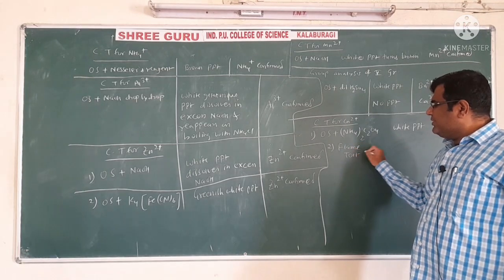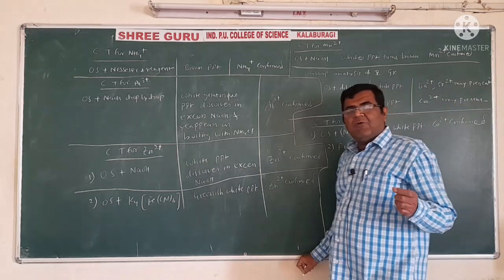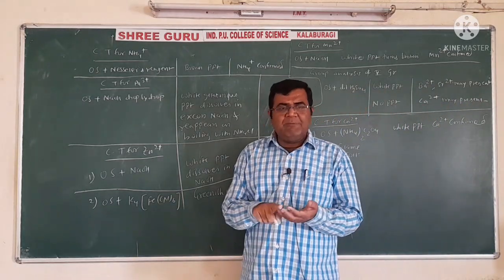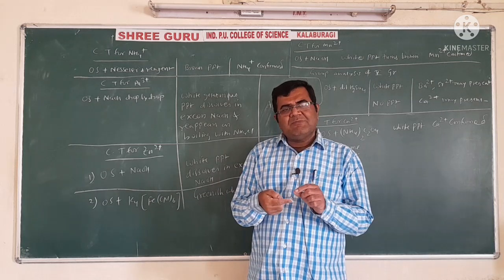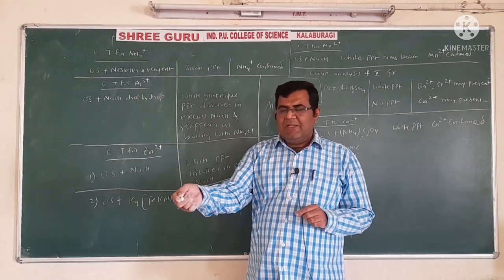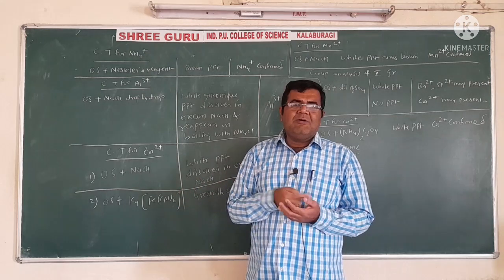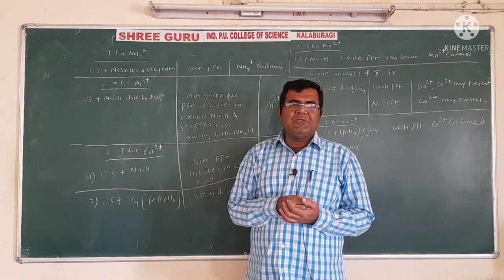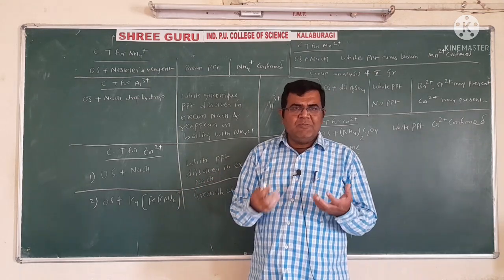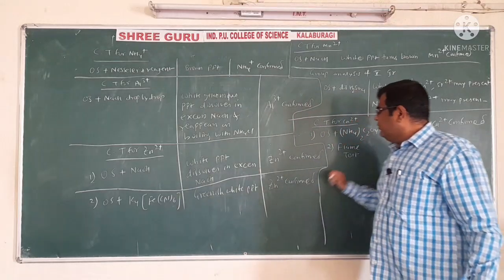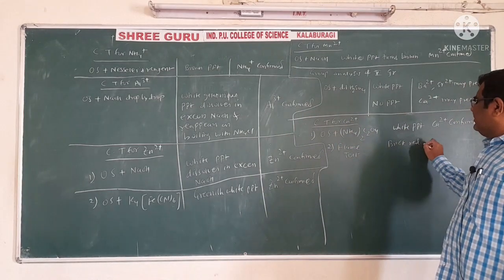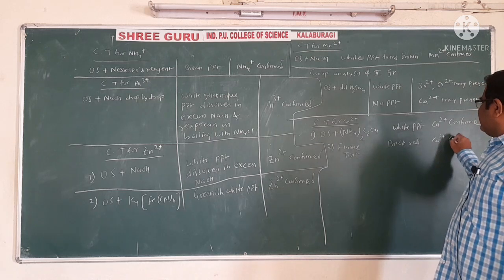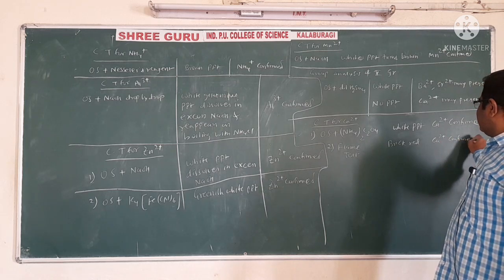How to do the flame test? We have to take salt and concentrated HCl, and make a paste of it, semi-solid, semi-liquid. We have to put that paste on a glass rod and hold it to the Bunsen burner, and we have to observe the color. If we get a brick red color, we have to say Ca plus 2 is confirmed.